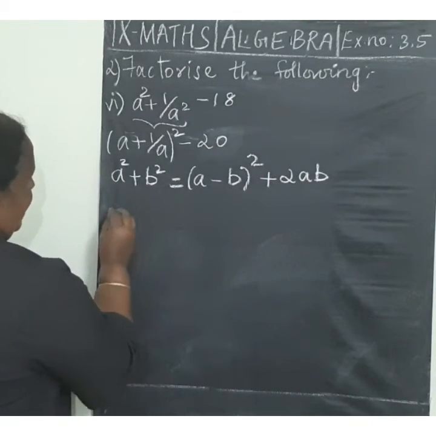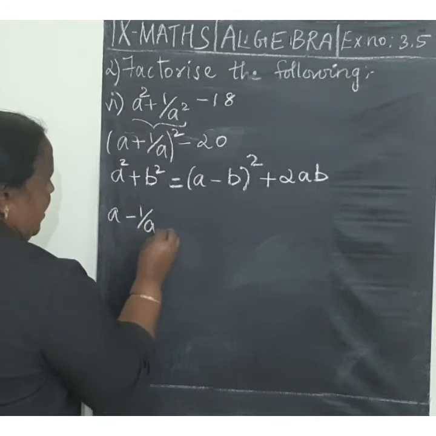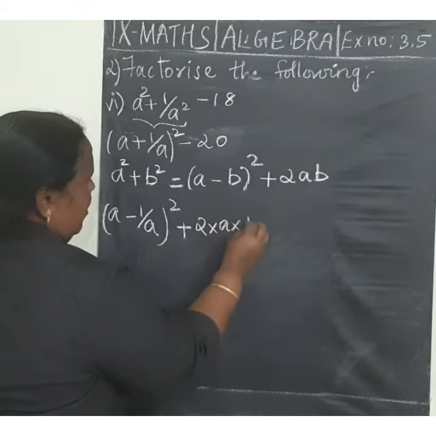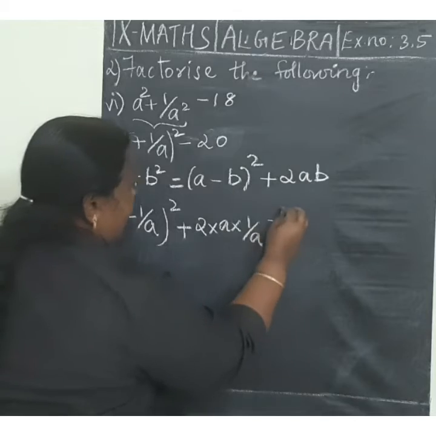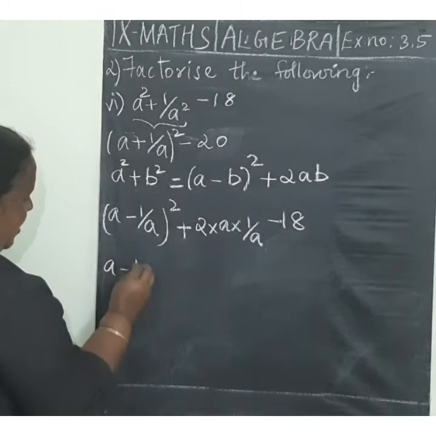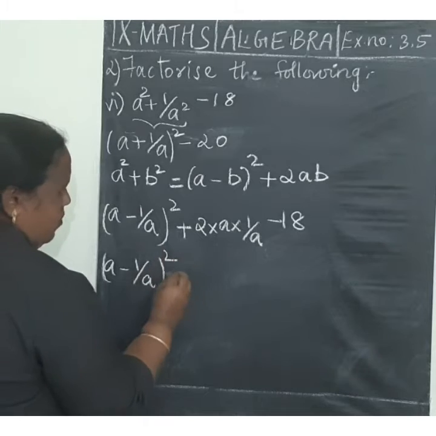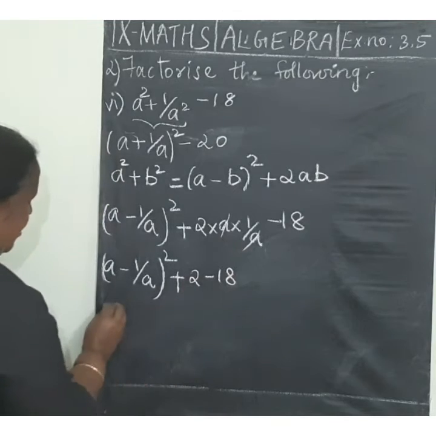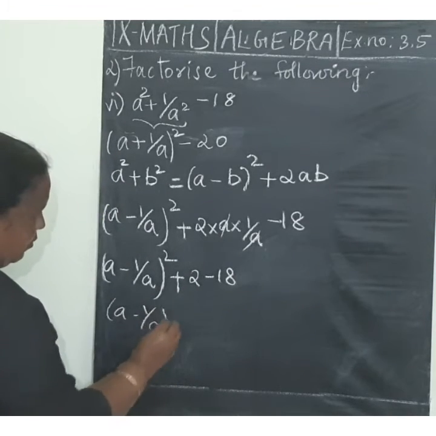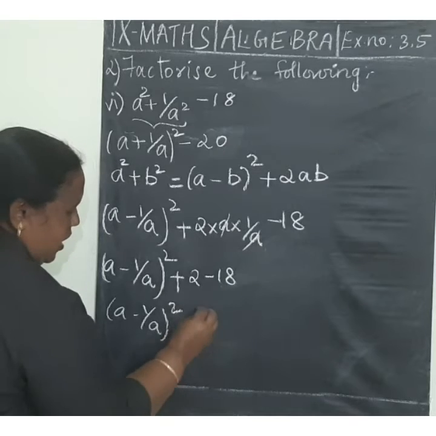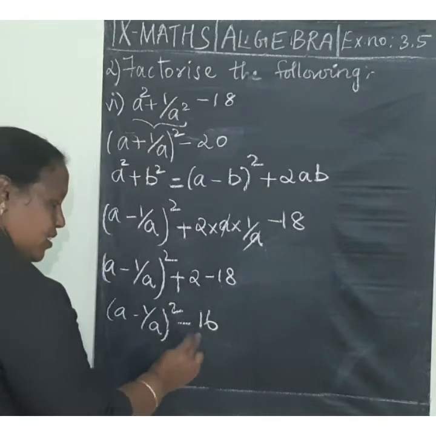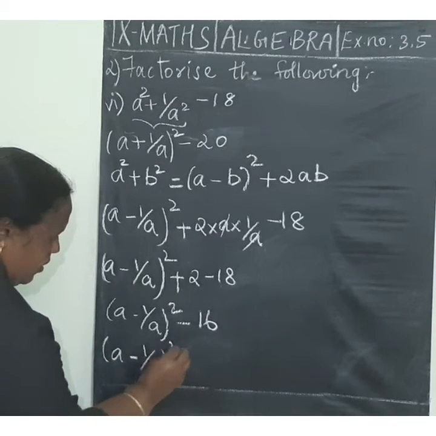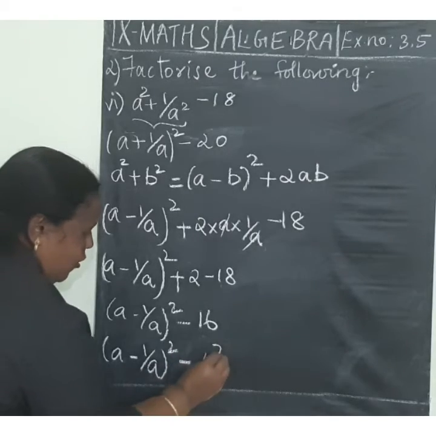Now a minus 1 by a the whole square plus 2 into a into 1 by a, this minus 18. Now a minus 1 by a the whole square plus, this a will get cancelled, plus 2 minus 18. So a minus 1 by a the whole square, here plus 2 minus 18 is minus 16. Now 16 is a square number, so we can write this a minus 1 by a the whole square minus 16, and we can write it as 4 square.